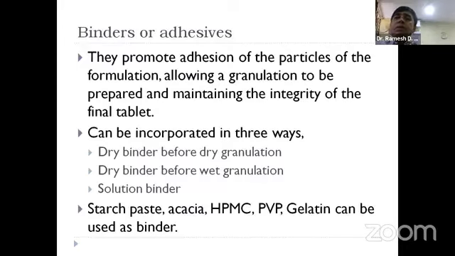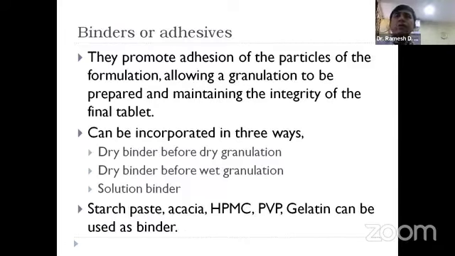Now, the binders can be incorporated in three different ways: dry binder before dry granulation, dry binder before wet granulation, and solution binder. When we are going for dry granulation or direct compression, we can mix all the ingredients, including the binder, and go for compression.